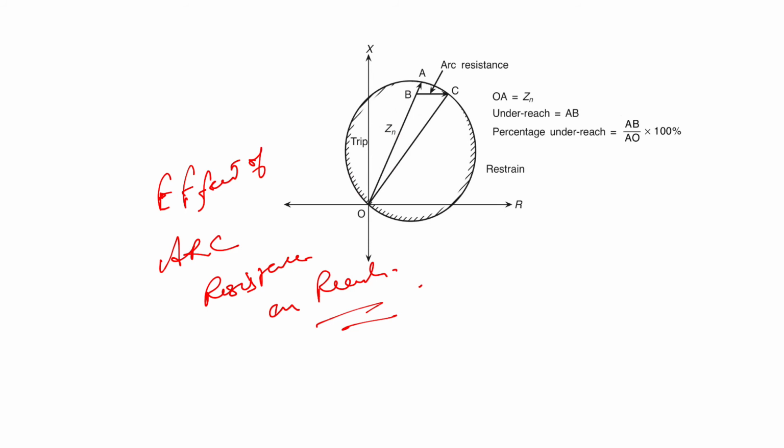The absolute underreach in this case is AB, and the percentage underreach, as we have discussed previously for the simple impedance relay, is AB divided by OA into 100%.